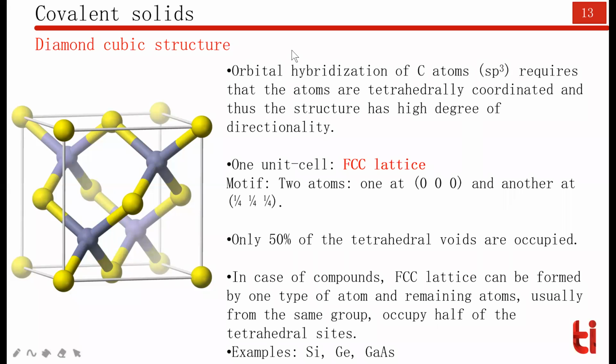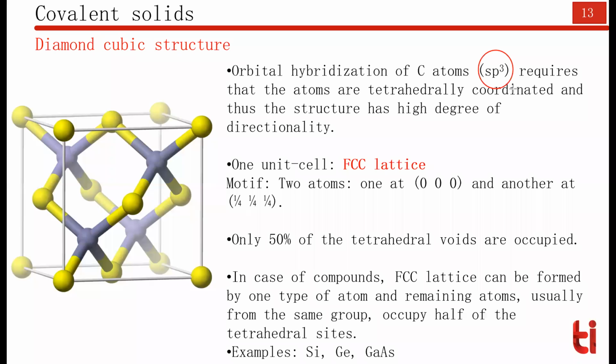So primarily the nature of bonding in the diamond cubic material is the sp3 hybridized structure, right? Later on, we will discuss another variant of a carbon structure, which is called graphite, and graphite will have a different kind of hybridization.